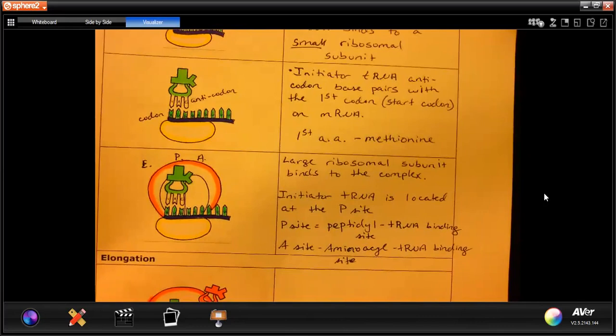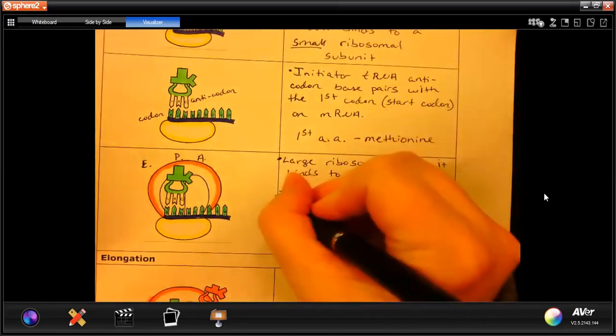mRNA binds to a small ribosomal subunit. The initiator tRNA anticodon base pairs with the first codon, also known as the start codon, on mRNA. That first amino acid is methionine. It's always methionine. If it's not methionine, that's a mutation. That signals the large ribosomal subunit to bind to the complex.